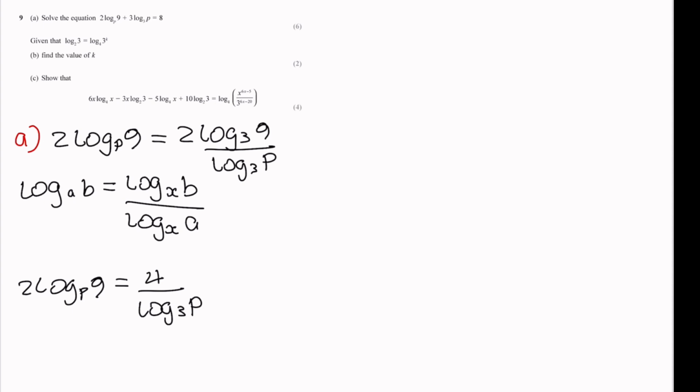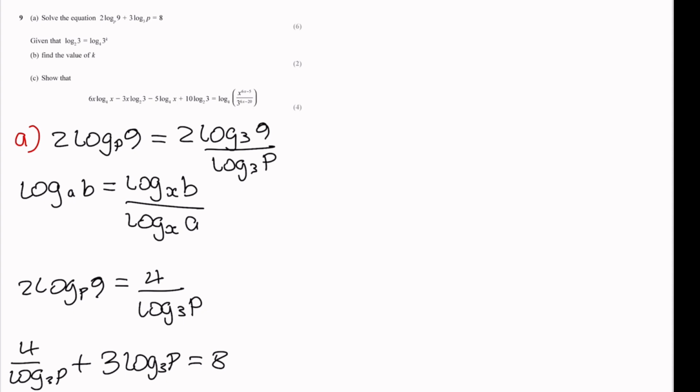Now if I substitute that back into my original equation, I've got 4 divided by log to the base 3 of p plus, I'm just copying the equation from the question, 3 log to the base 3 of p is equal to 8. Now my equation has both terms with log to the base 3.